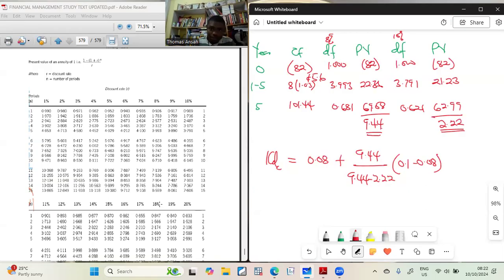So I have to do the multiplication on this side first, because it's multiplication.